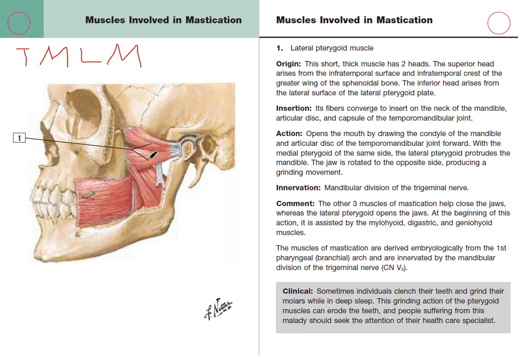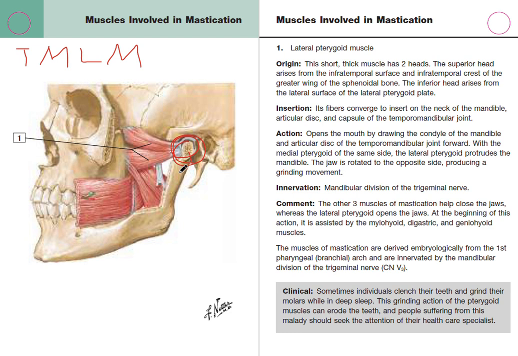The lateral pterygoid over here, seen on lateral view, arises from the superior head in the infratemporal surface and the infratemporal crest of the greater wing of the sphenoid bone, whereas the inferior head arises from the lateral surface of the lateral pterygoid plate. It inserts by converging into the neck of the mandible, articular disc, and capsule of the temporomandibular joint over here.